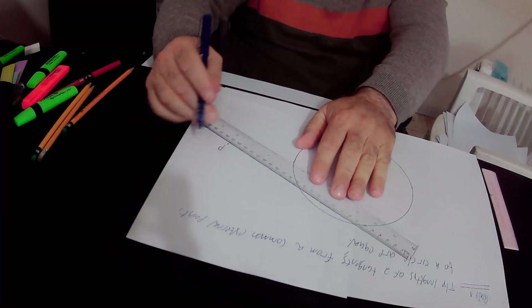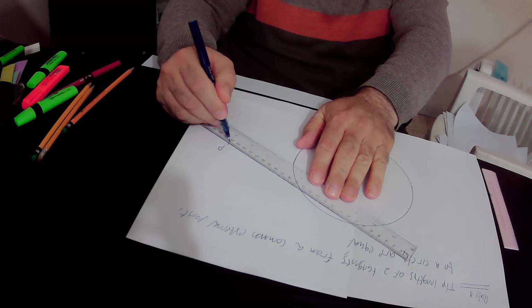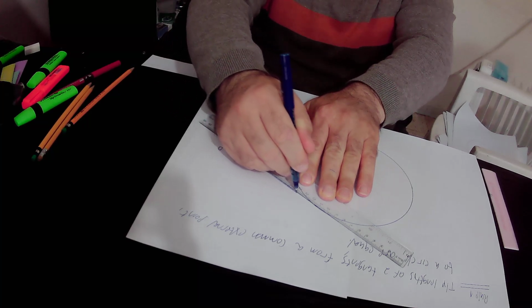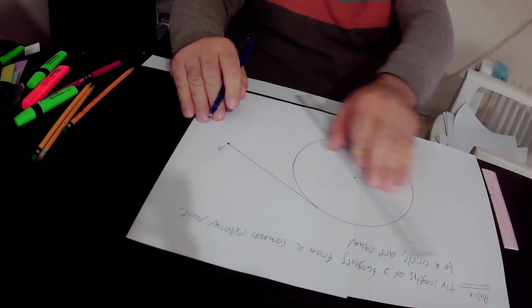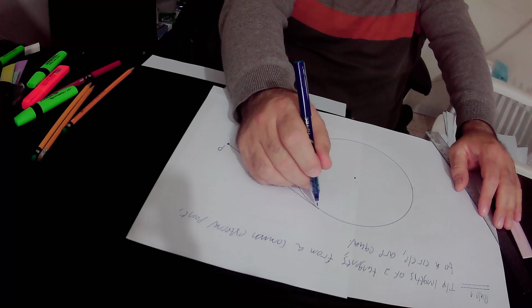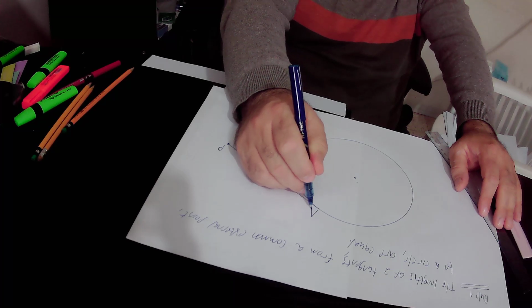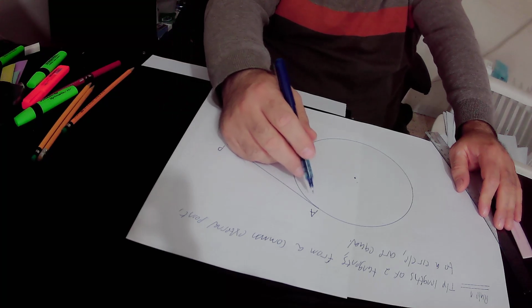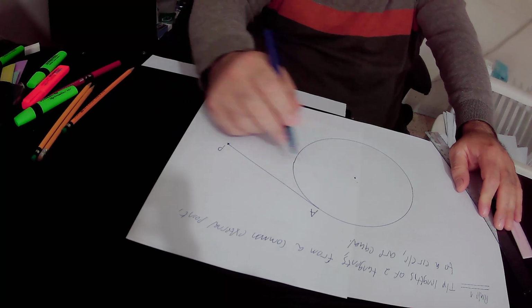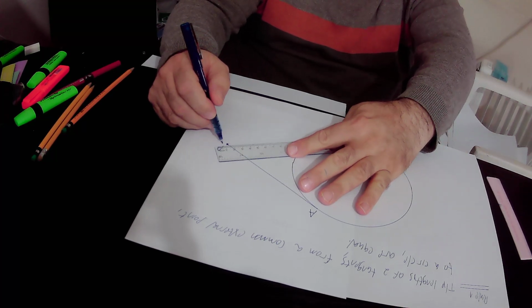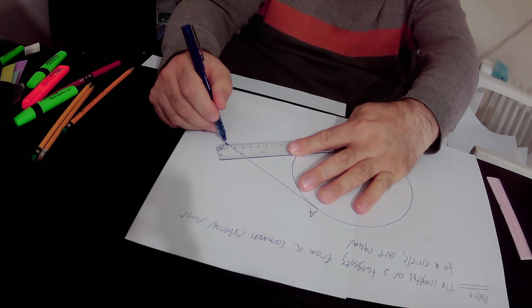Here is the first tangent. The point of tangency of the first tangent with this circle will be defined as point A. And we draw a second tangent to this circle from point P, of course.